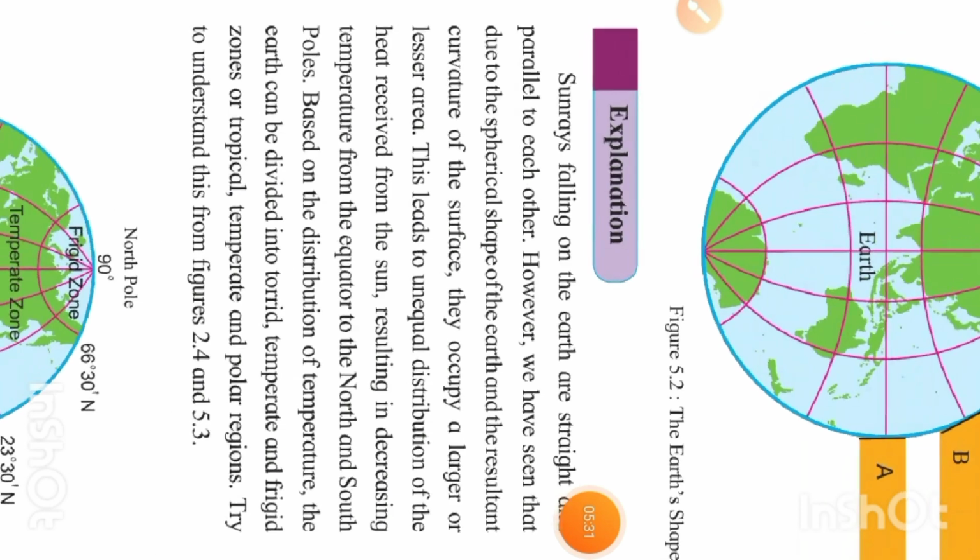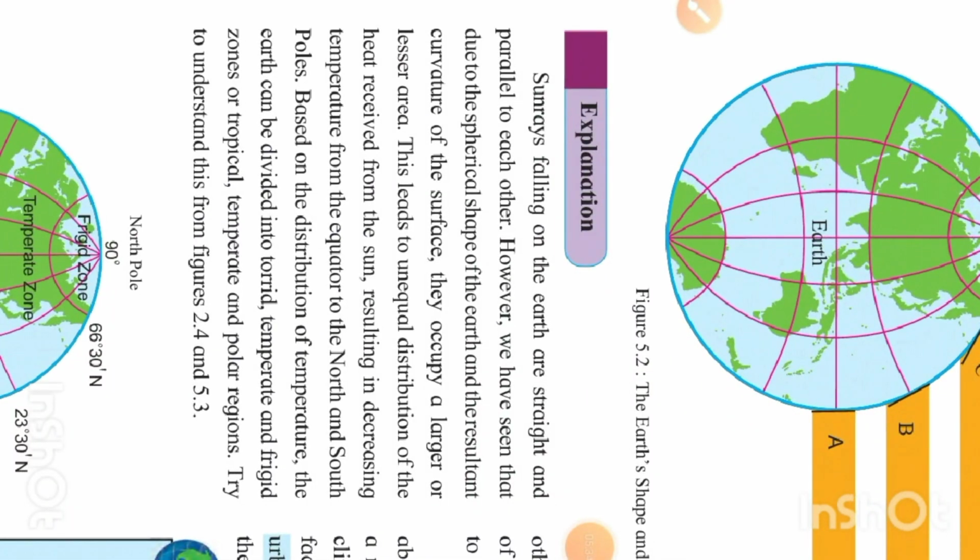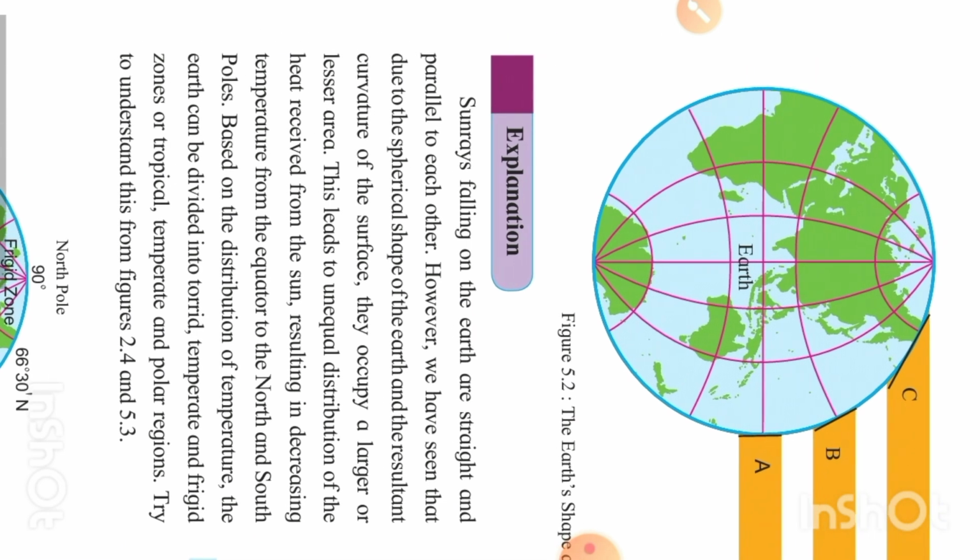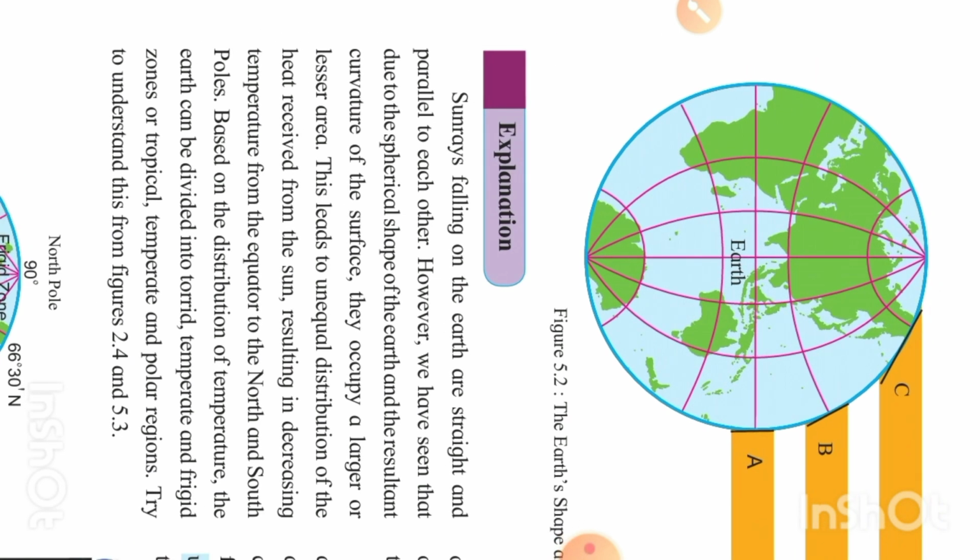Sun rays falling on the earth are straight and parallel to each other. However, we have seen that due to spherical shape of the earth and the resultant curvature of the surface, they occupy a larger or lesser area. Okay, as we know that sun rays are straight, but the shape of the earth is not like a square, where we will receive equal sun rays.